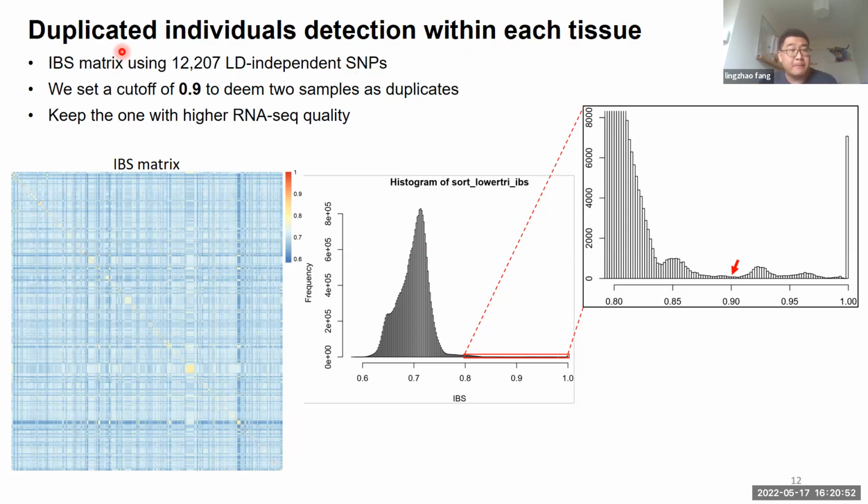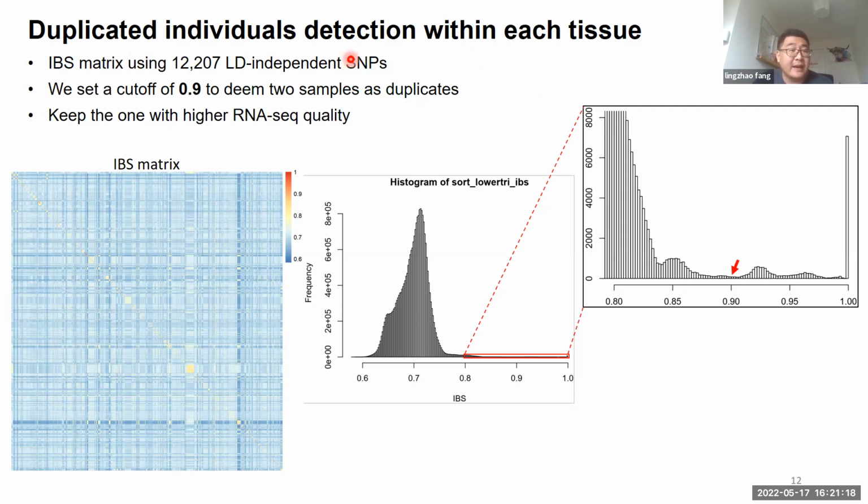The first step is to detect whether any samples within a tissue, for example liver, come from the same individual. In an extreme situation, all 500 liver samples might come from one individual, which would be a big issue for population analysis.